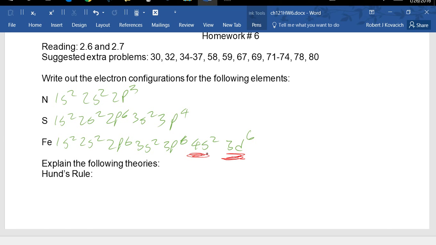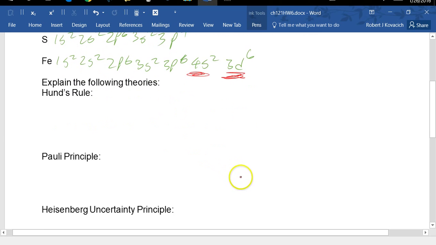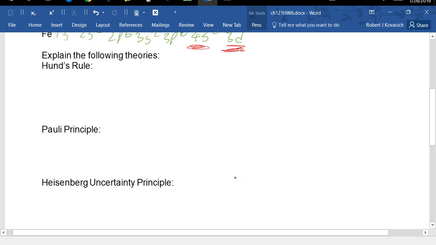All right. Hund's rule, what do we have for that? That's basically that it will fill all of the unoccupied spaces before it doubles up on electrons, inside of a sublevel.